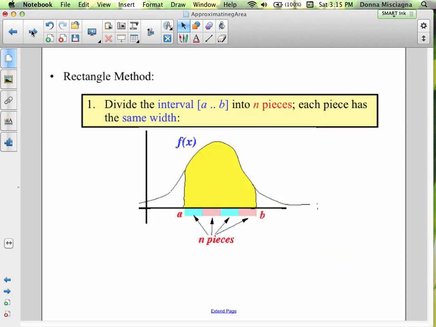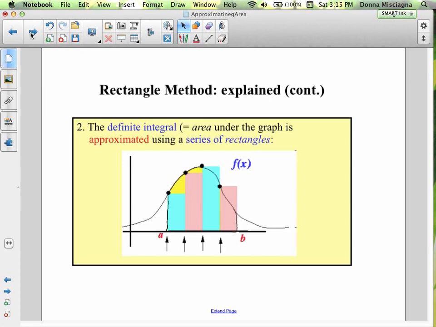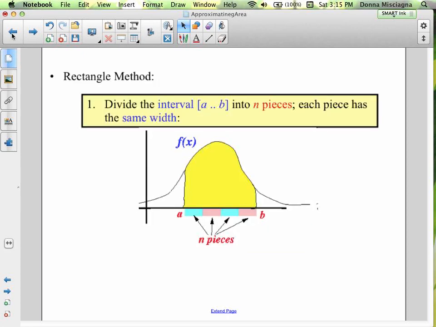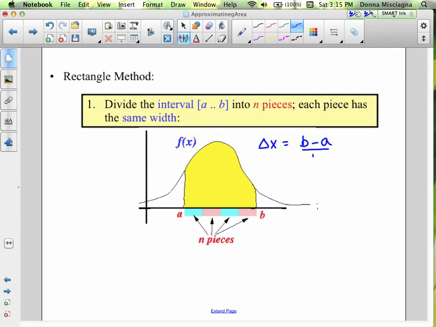All right, so here we have an example with absolutely no numbers on it. We're not going to be calculating or approximating the area here, but we're just going to use this to look at. Here we divide the interval from a to b into n pieces. Each piece has the exact same width. So our change in x here would just be the larger value, b minus a, divided by the number of subintervals.